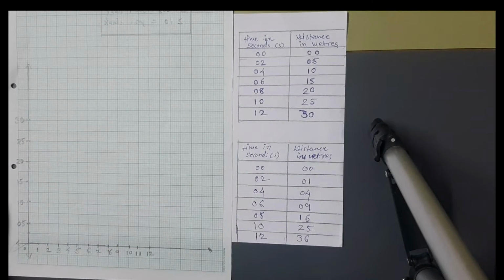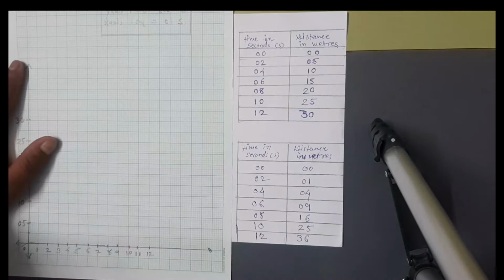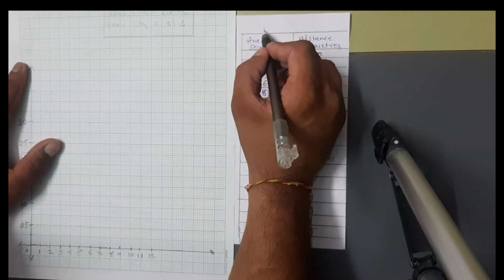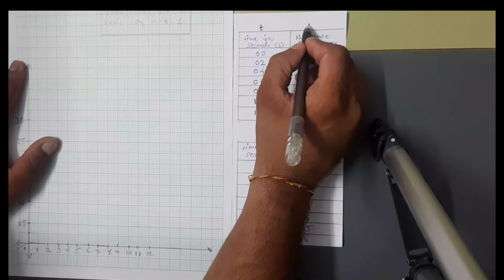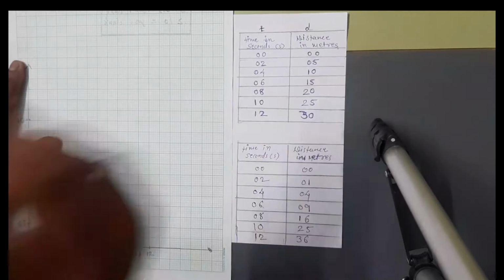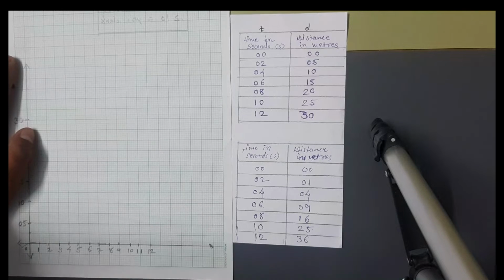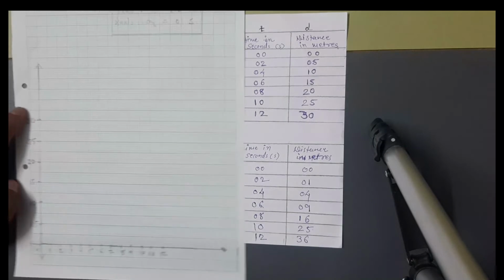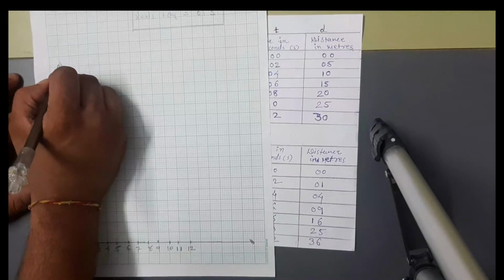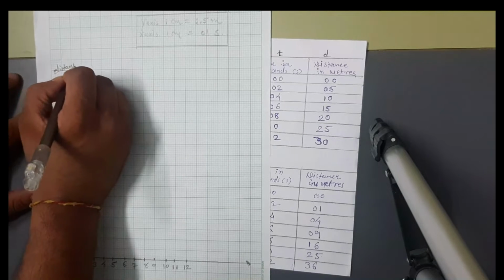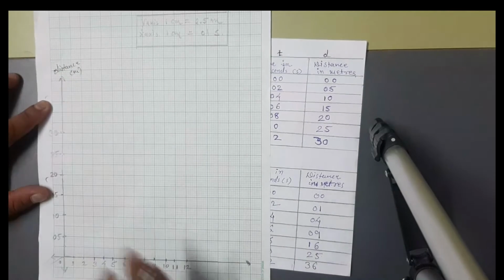Okay, so here we are having two different tables. In the first column we are having time t, and in the second one we are having distance d. We are going to plot a graph of distance against time. On the y-axis we will have distance, that will be in meter.